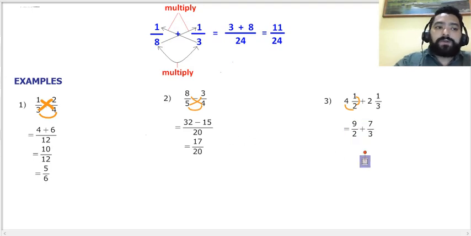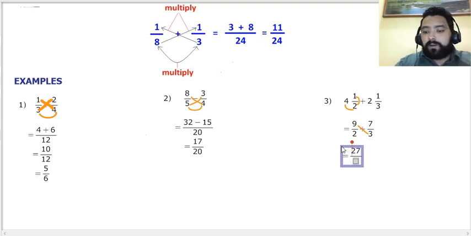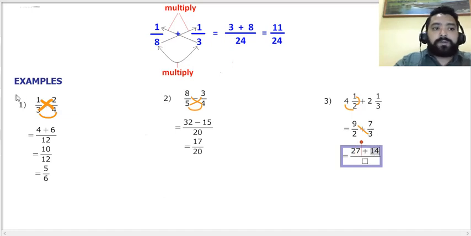And then we are going to use cross multiplication and smile. So it's going to be 9 times 3, remember, it's equal to 27. 27 plus, remember, we copy plus because here we have the sign, and 2 times 7, it's going to be 14. To do the cross multiplication, 2 times 7, that is 14.